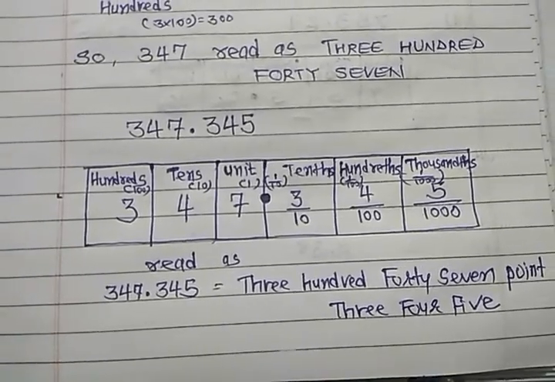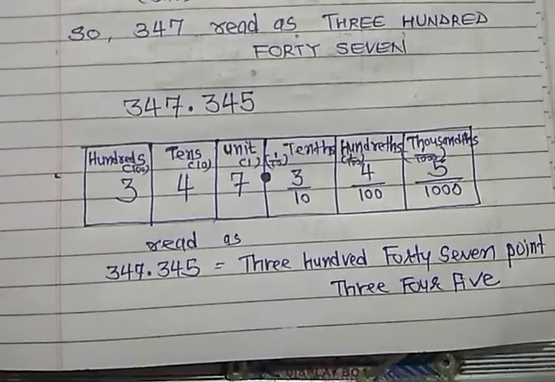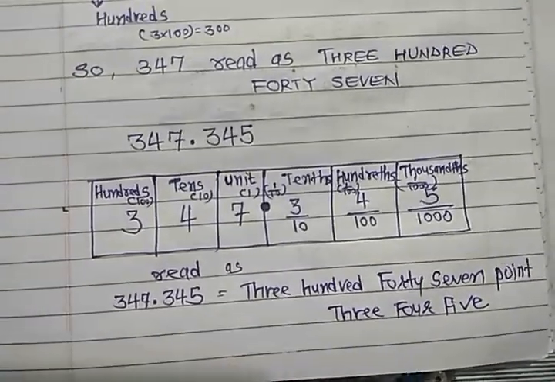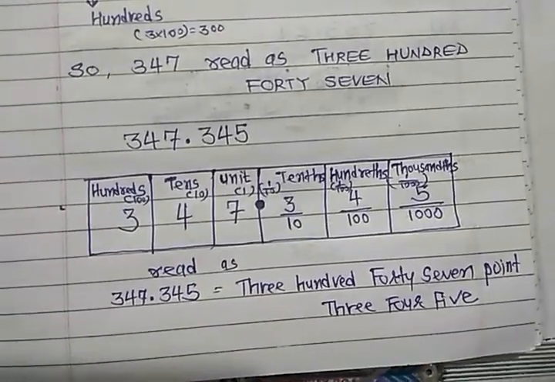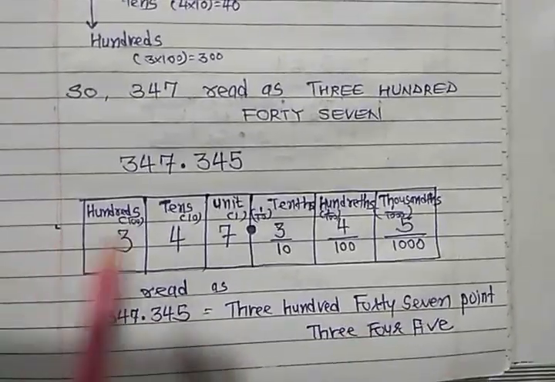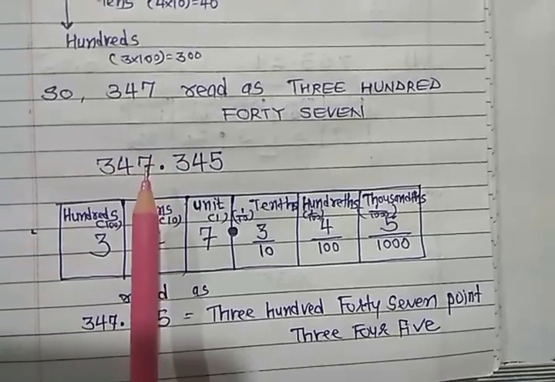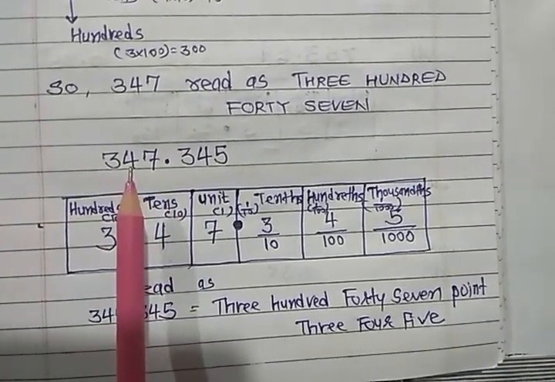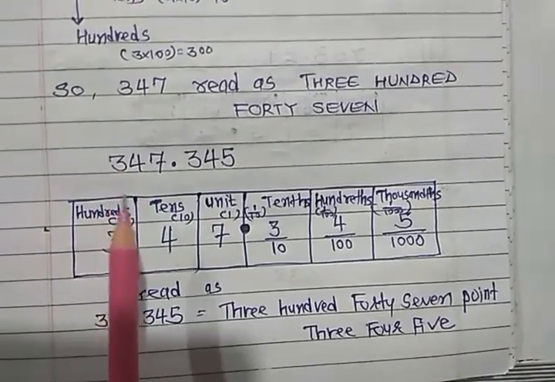347.345, right? So we put it in a place value table. You see, 7 is in the unit place. This is our decimal point. 4 is in the tens place, 3 is in the hundreds place.